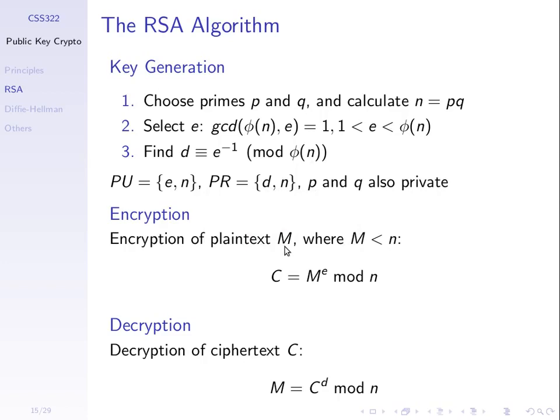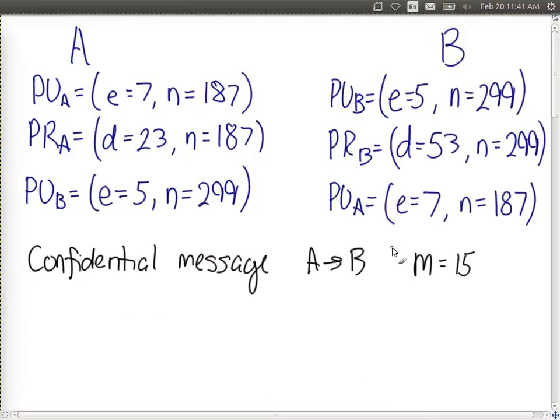To encrypt plaintext M, where M is less than N, first, what value of N? Whose key am I going to use to encrypt this message? A is going to encrypt M and send the ciphertext to B. Whose key is A going to use? Which key?